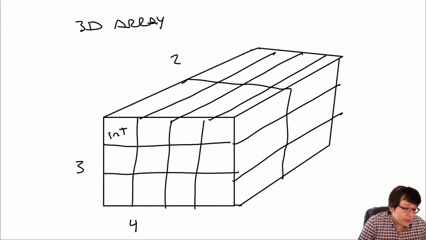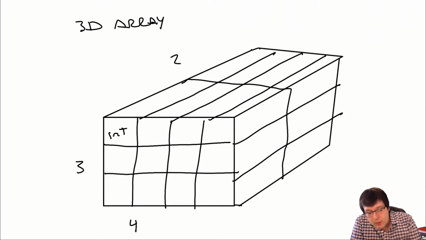A 2D array is just rows and columns, but with the third dimension, we add depth, so it's like a cube. In this case, we have a 3D array with dimensions 3 by 4 by 2. 3 is the height, 4 is the width, and 2 is the depth, or length, width, and depth, whatever you want to call them. The way we visualize it is that we stack two two-dimensional arrays together, because we color code this.